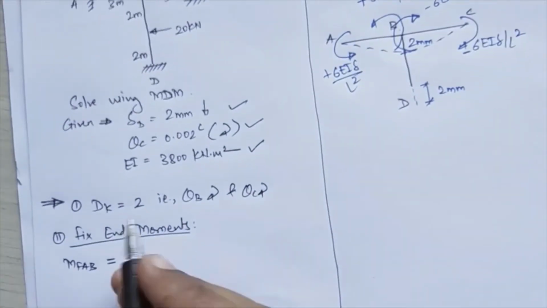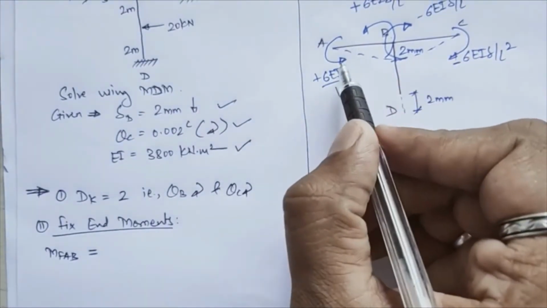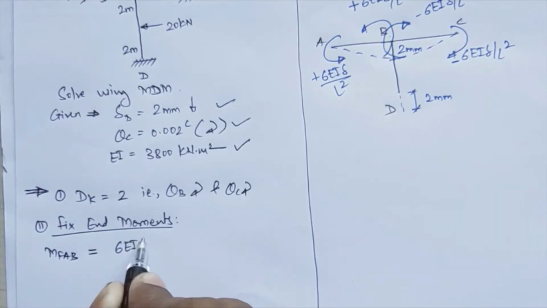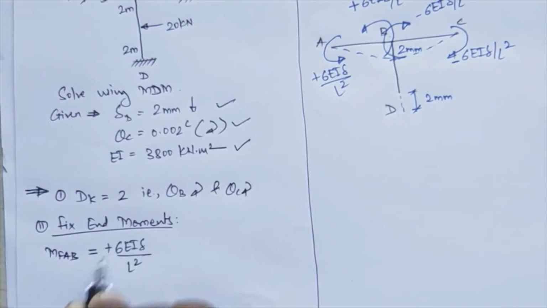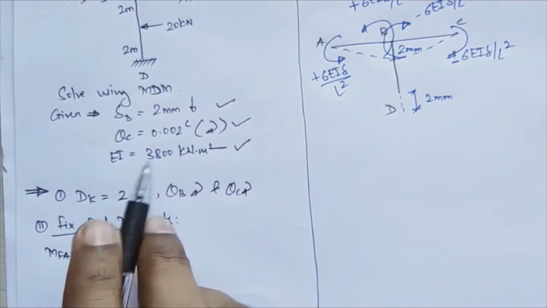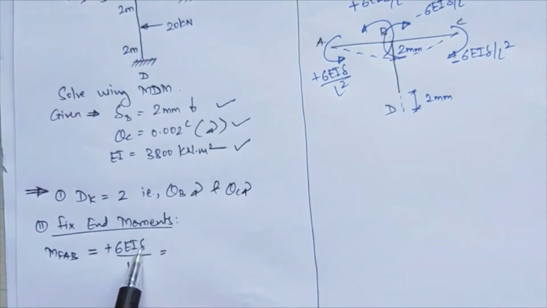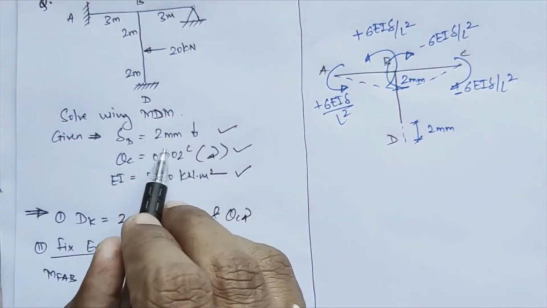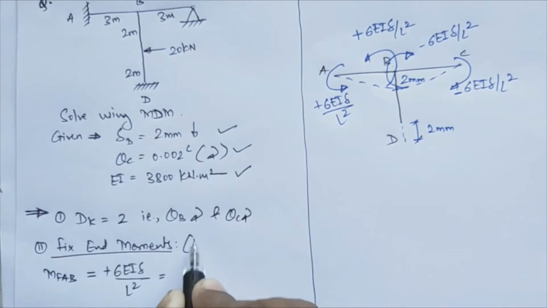So for the first member, MFAB, we have this fixed end moment, that is 6EIδ upon L square, and we get it as positive, so you write that sign here. Now the EI value provided is 3800. Delta is given as 2 mm, and while substituting delta here you will substitute it in meters, because all the values we require are in kilonewton meter.